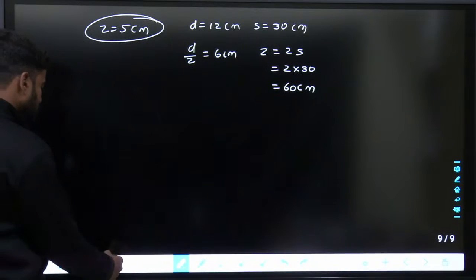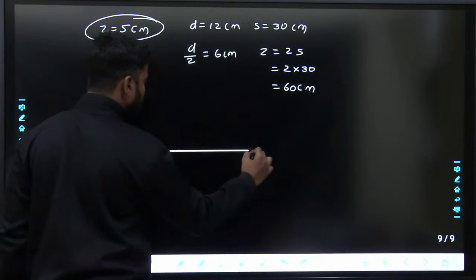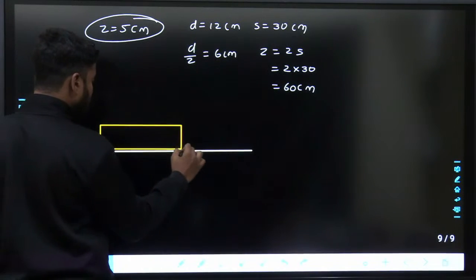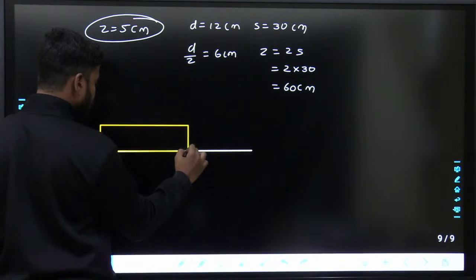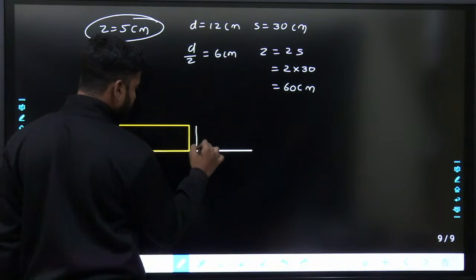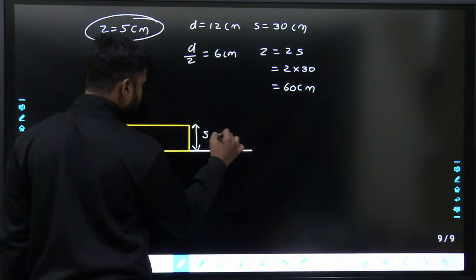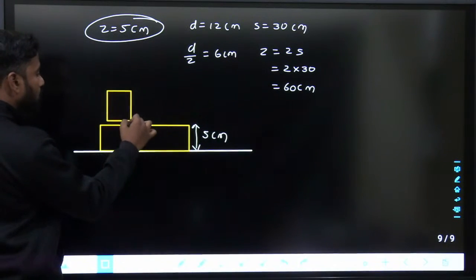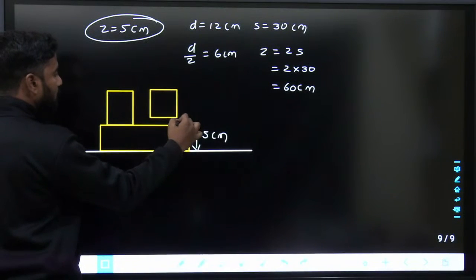The pavement thickness is what we are more concerned about, right? He is just saying pavement thickness is 5 centimeters. On the pavement there will be tires, something like this.